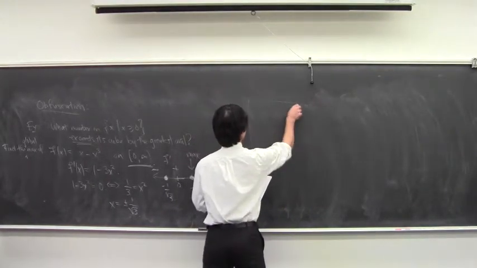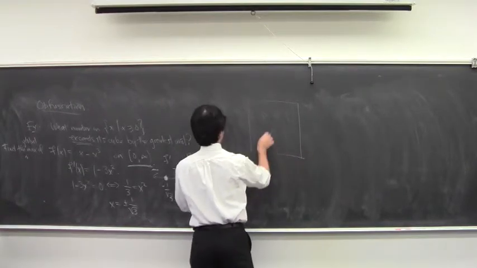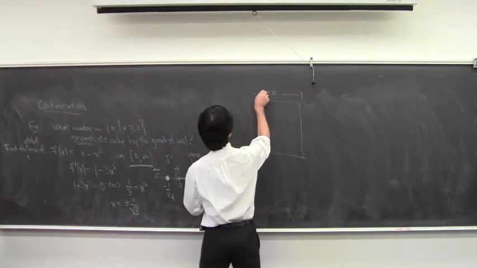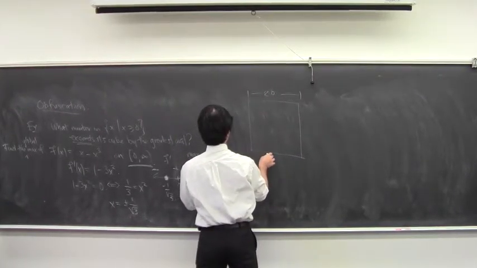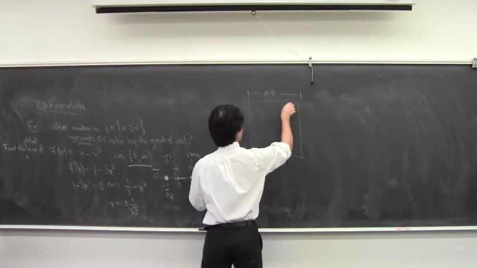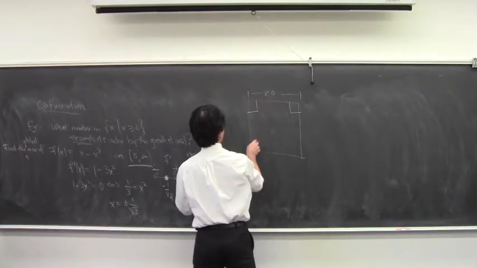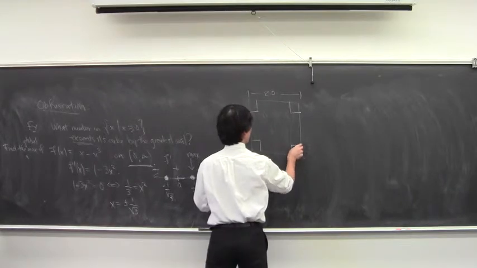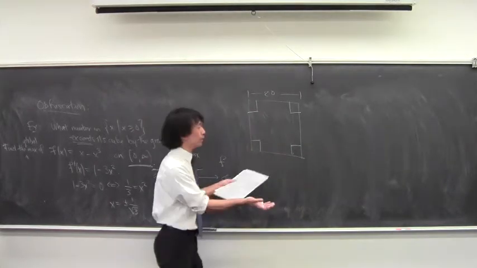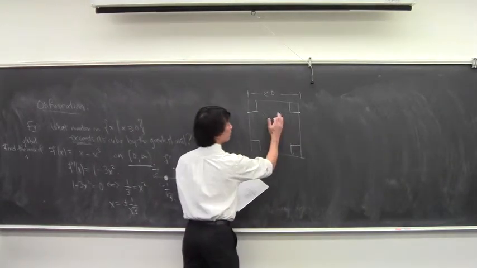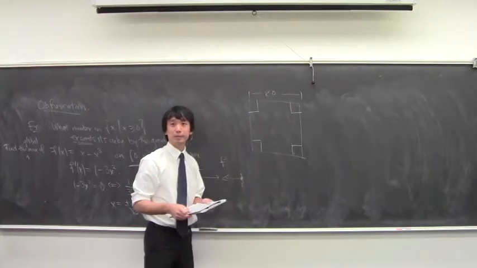So somebody gives you a square, and the side length is 20, and says, I'd like you to make a box out of it by cutting out squares from the corners. So you're going to cut these out, and then fold the sides up, and you're going to make a box.